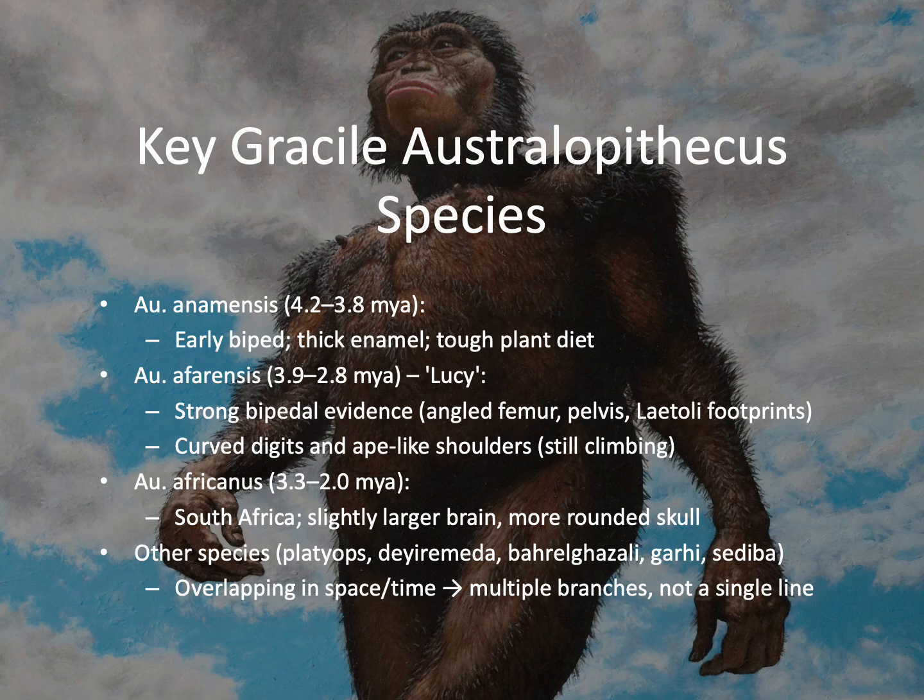When you look at the fossil record in detail, it becomes very hard to sustain the idea of a single straight line of ancestors marching up towards us. Instead, you see multiple lineages branching, coexisting, and sometimes dying out, with only a few of those branches eventually leading to modern humans.